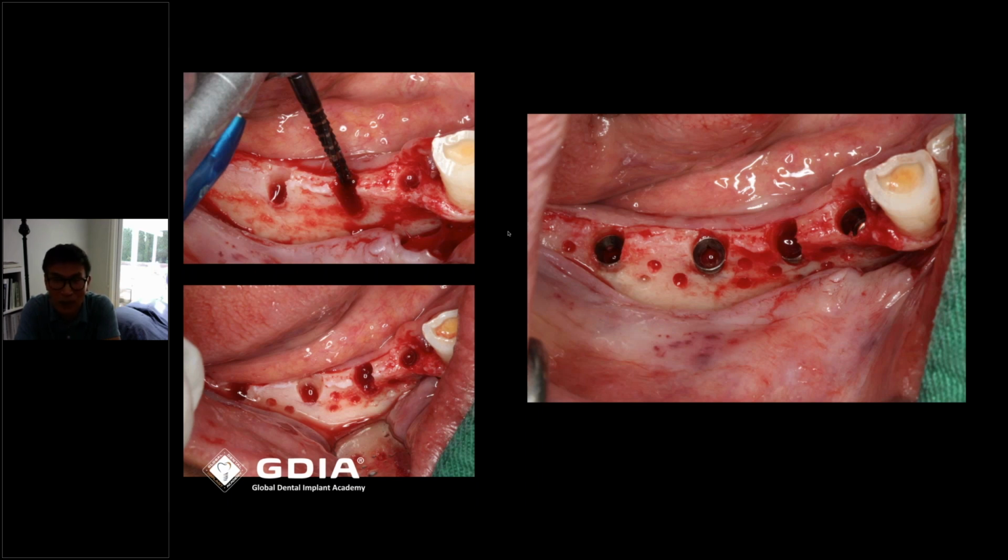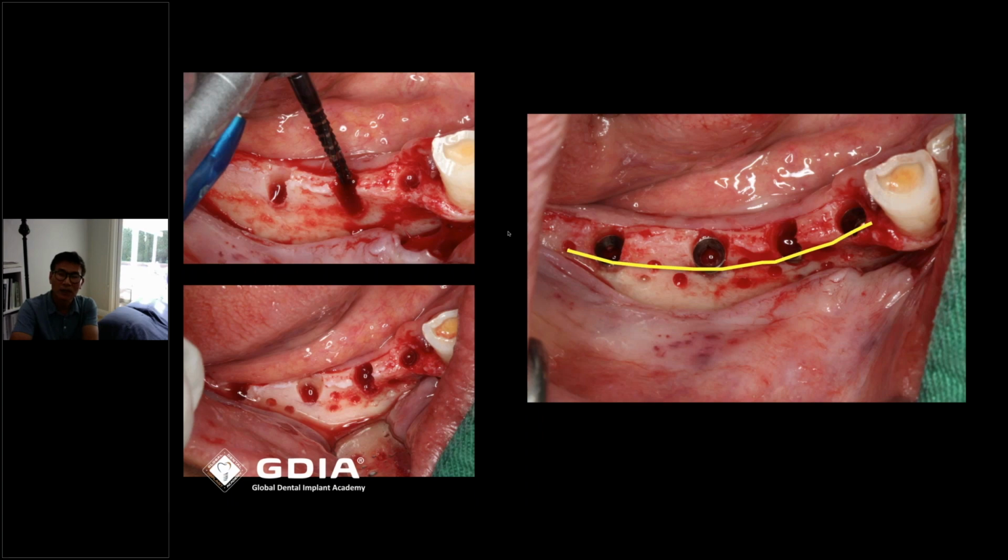Obviously, we're not doing crestal bone reduction. Instead, I place the implant deeper, and then I decorticate, which we call the regional accelerated phenomenon. So we try to induce all the cells to create faster healing.